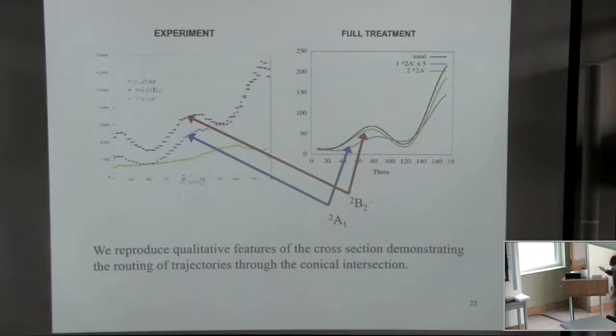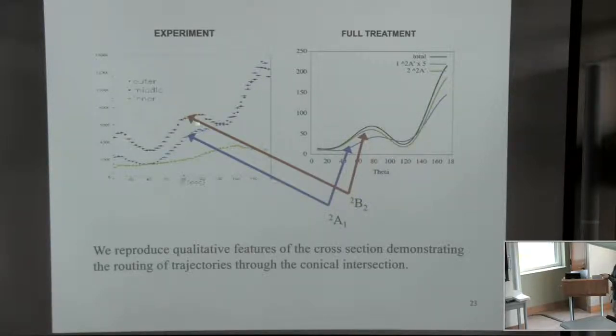Okay, so when we compare this to experiment, we do indeed get qualitative agreement, drawing your attention to this middle peak right here. If the dynamics stays on the B2 surface, we see that peak.